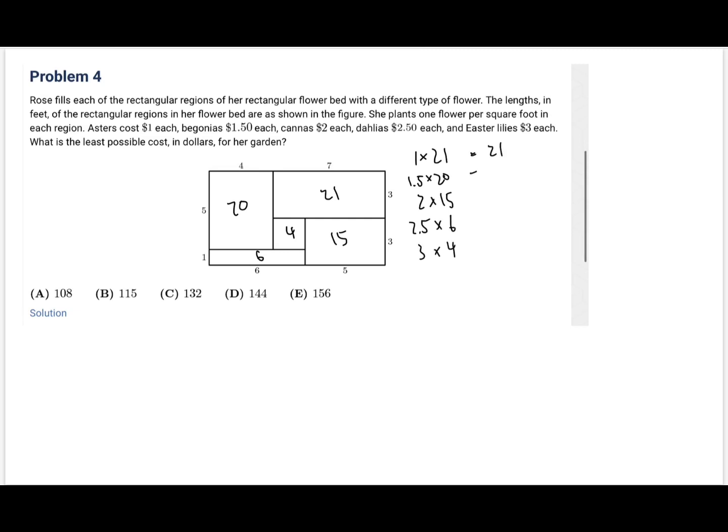This is 21, this is 30, this is 30, this is 15, and this is 12. If you add them all together, this is 81, this is 27, this is 108, so the answer is A.